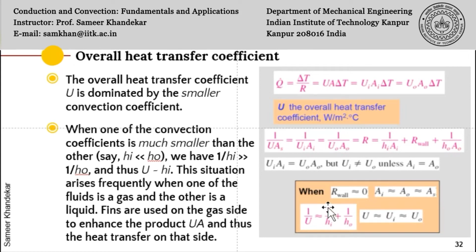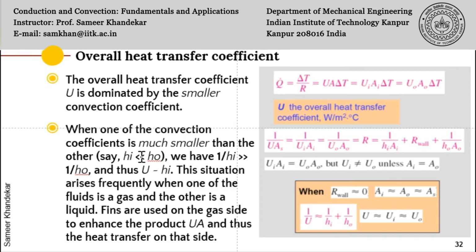Then naturally 1/hi will be a very small quantity and 1/ho will be the larger quantity, because ho is the smaller of the two. And therefore when you add it up and reciprocate, that is, 1/U becomes U, at that time the dominant portion of this U will be because of the ho.